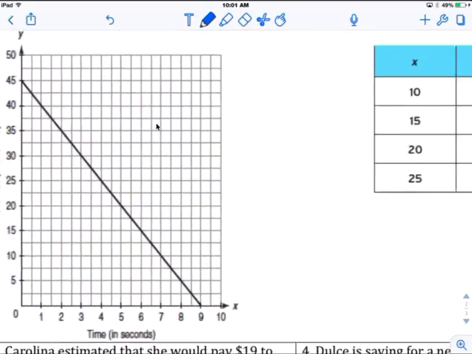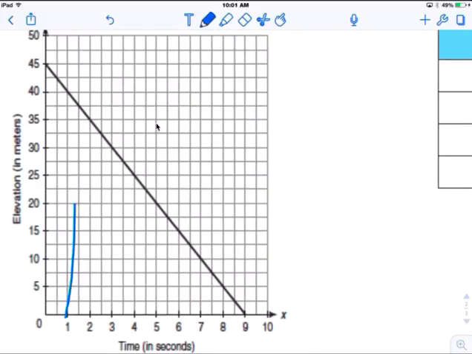All right, 1. Can we use 1? Yep, we can use 0. 0 and 45. We can use 0 and 45. That's x sub 1, y sub 1. And we can use 1. We can use 2.